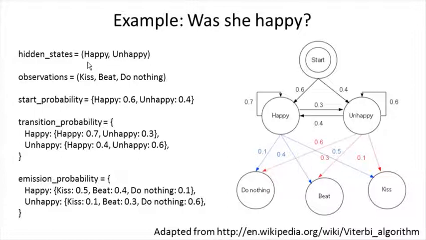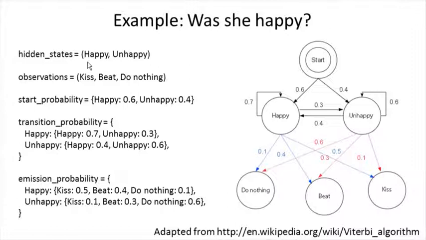And if she is happy, she has a probability of 0.5 to kiss you, 0.4 to beat you, and 0.1 to do nothing, and similarly for unhappy. This is the emission probability.